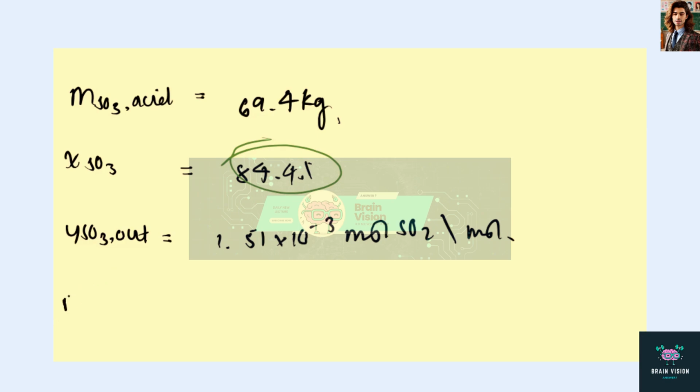So we have M of oleum is the mass of H2O in the acid, the mass of H2O of the solvent, divided by X H2O of the oleum. So we can gather that by using this value here, 1 subtract this value would give us what we need. So what we generate is 128.2 kilograms.